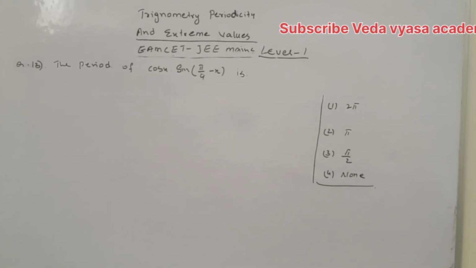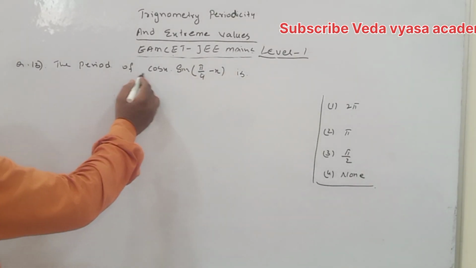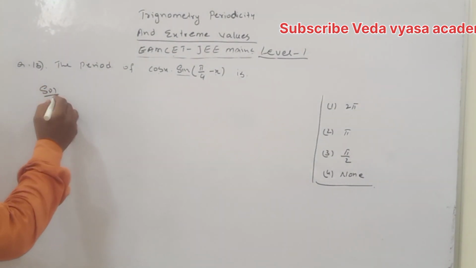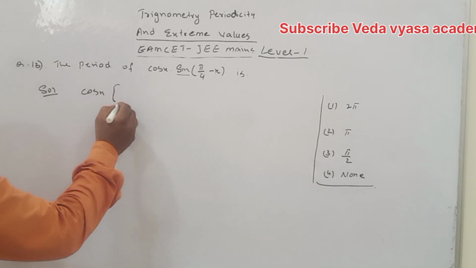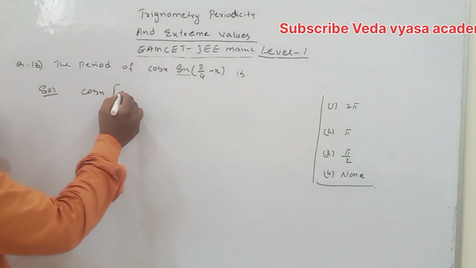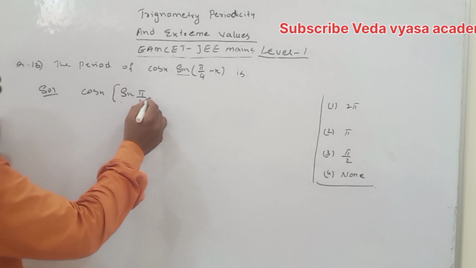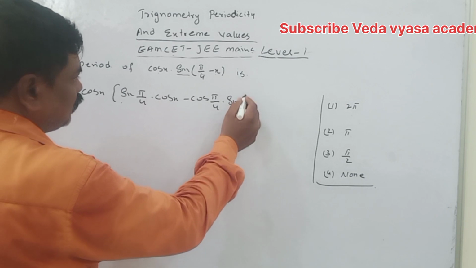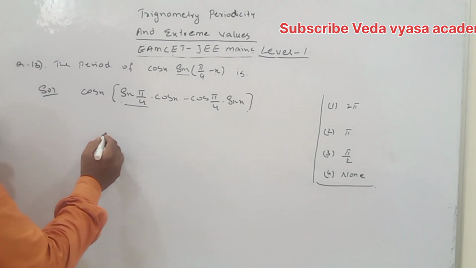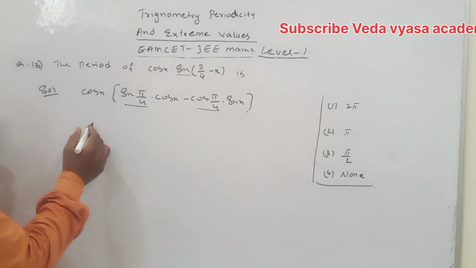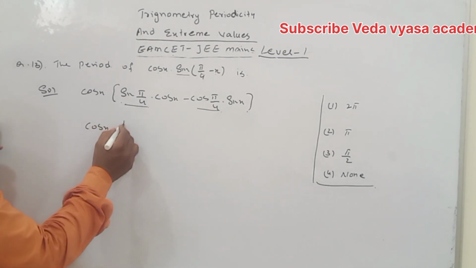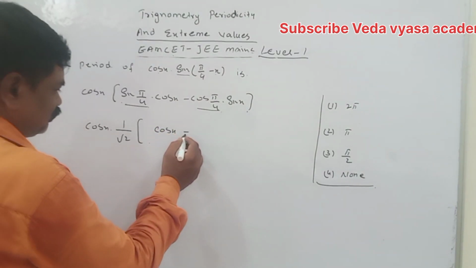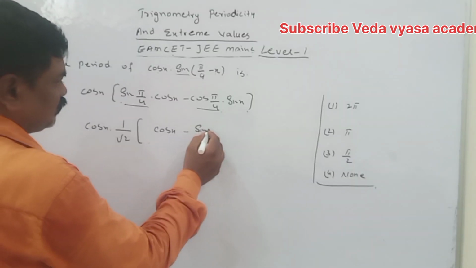Dear viewers, we have the problem: the period of cos x into sine of pi by 4 minus x. So you have to expand this. This is in the form of sine of a minus b, that is sine pi by 4 into cos x minus cos pi by 4 into sin x. But sin pi by 4 has value 1 by root 2, and cos pi by 4 has value 1 by root 2. So take 1 by root 2 common: cos x minus sin x.